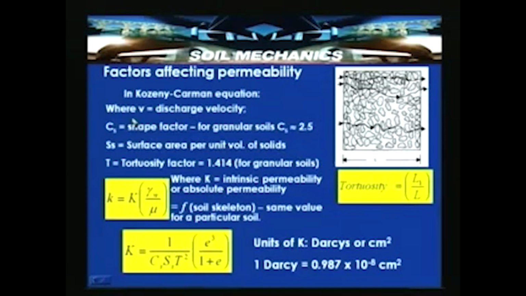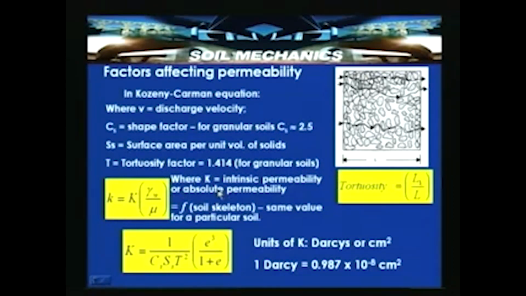In the Kozeny-Carman equation, which was introduced in the previous slide, V is the discharge velocity, Cs is the shape factor. For granular soils, Cs is equal to 2.5. Ss is the surface area per unit volume of the solids, and T is the tortuosity factor, which is root 2 for granular soils.